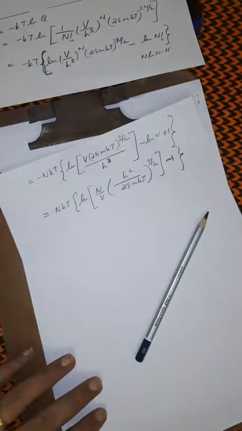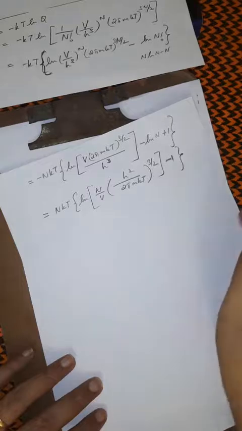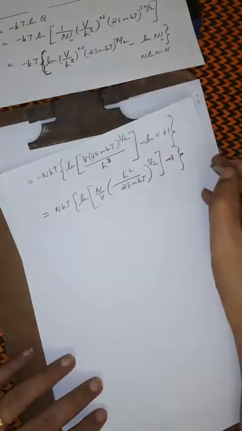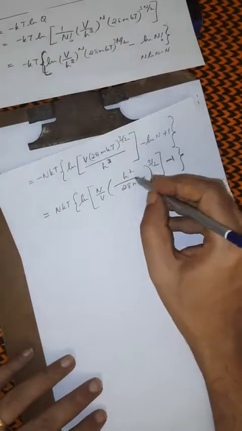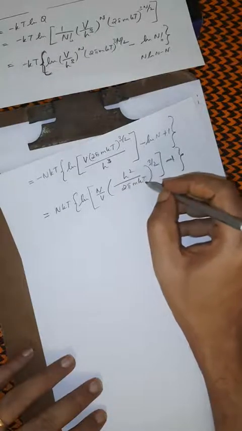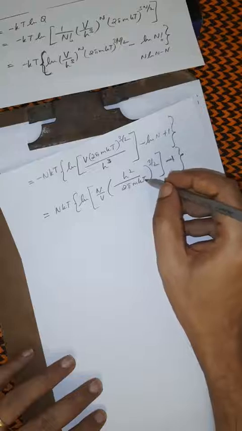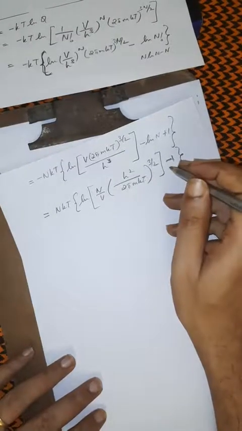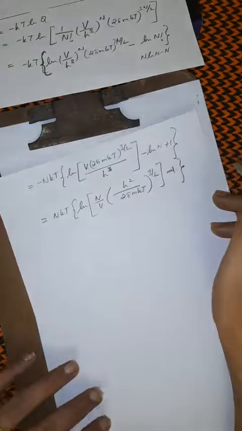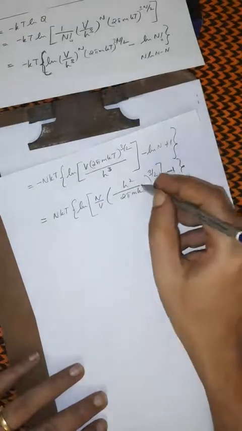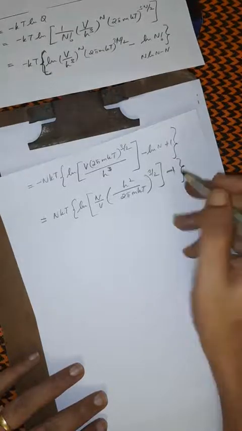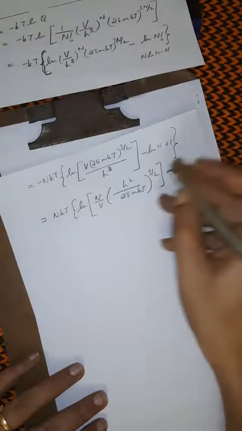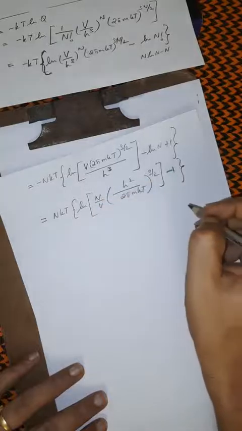One can always go on simplifying the expression, but this is one simple point at which I think I should stop. This is again lambda, h by root of 2 pi mkT. So I can always express this expression in terms of lambda also.